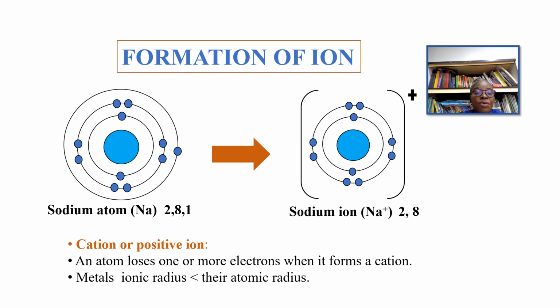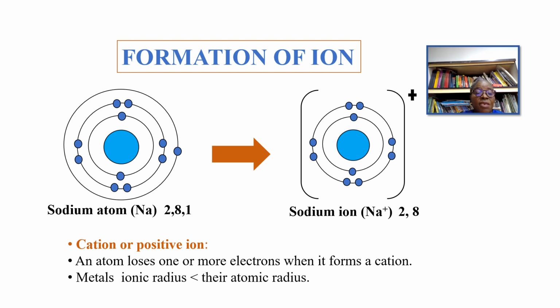Their metal ionic radius tends to be smaller than their atomic radius. The sodium atom has 3 shells, while the sodium ion has 2 shells. If the atomic radius is measured, which is the distance from the nucleus to the outermost electron, you find that the distance for the sodium atom is larger than that of the sodium ion.